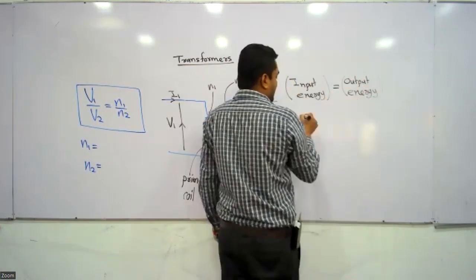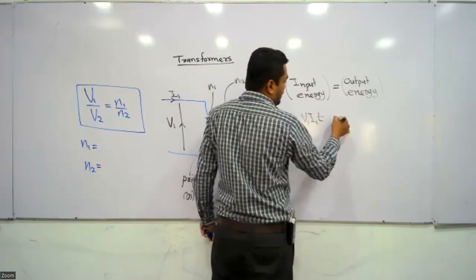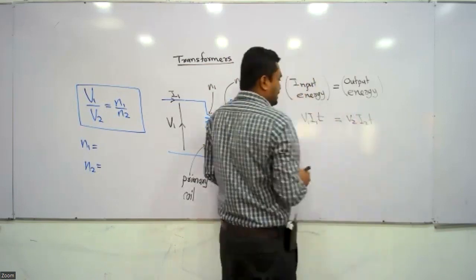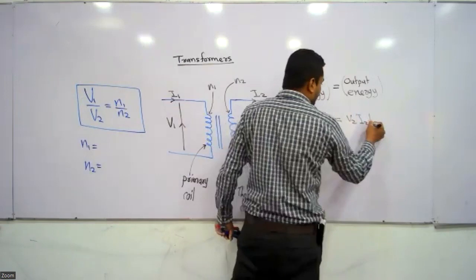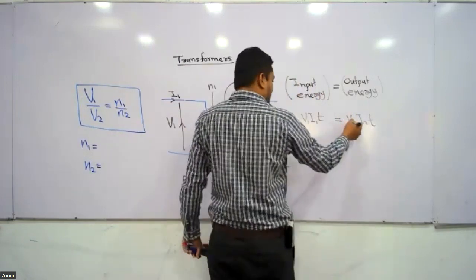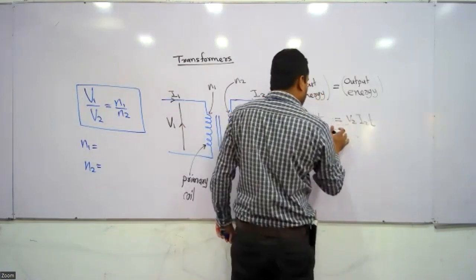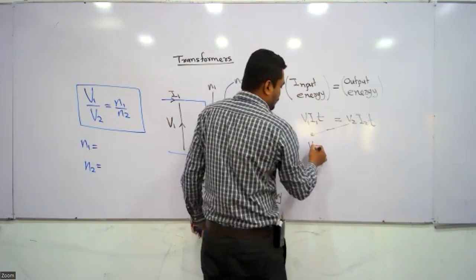So input energy can be found by the equation V1 I1 T, output energy means V2 I2 times T. Look at the board here. So I can take V2 to this side. Then what are the terms remaining here?